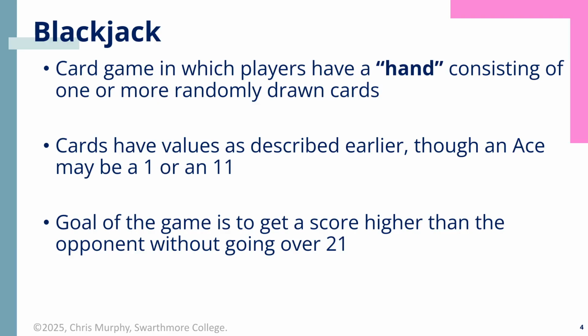So, in this case, a 3, a 4, a King, that means I have 17. What makes it sort of complicated is that an ace can be a 1 or an 11. So, in this case, I either have 4 or 14 points.